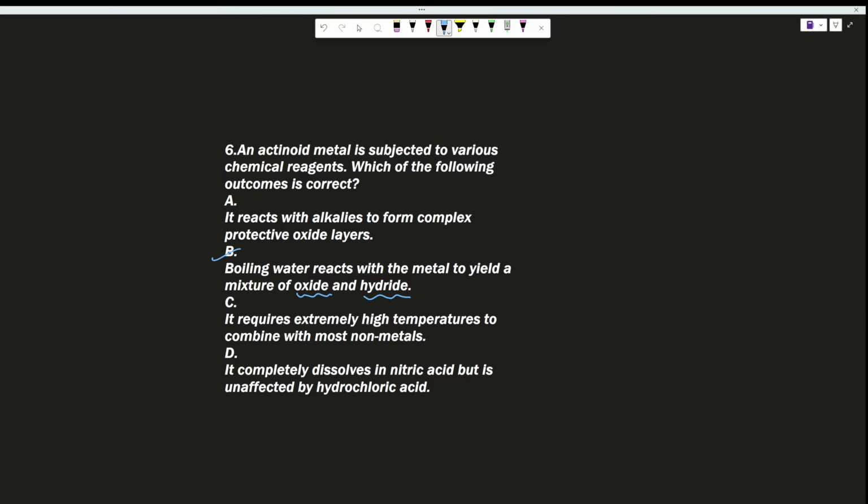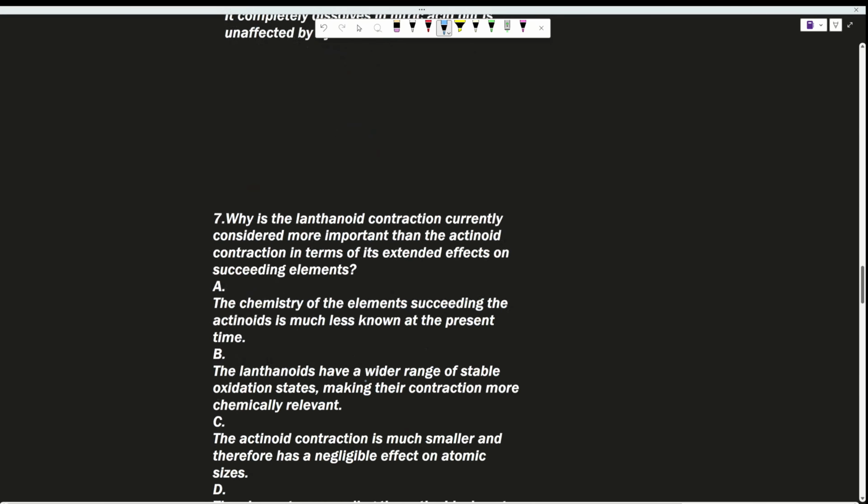We don't need high temperature; moderate temperature is sufficient. Then D says it completely dissolves in nitric acid but is unaffected by hydrochloric acid. Actually, it is unaffected by nitric acid because of the formation of an oxide layer. Okay. Next.